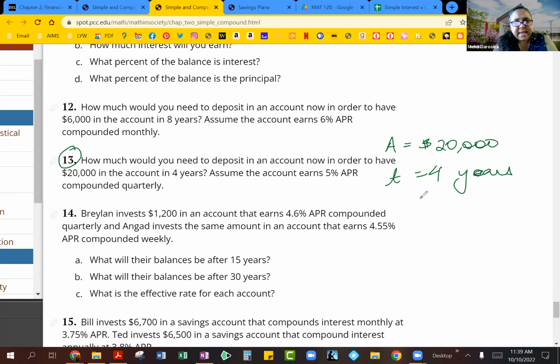The account assumes that you are earning a 5% APR, which is being compounded quarterly. All right, so this is the information we have from our problem.